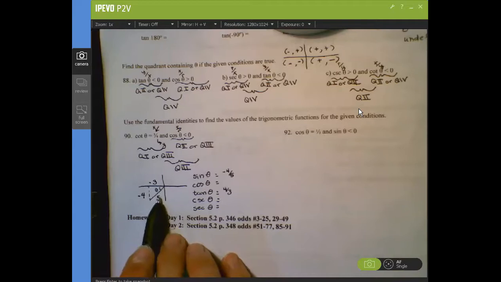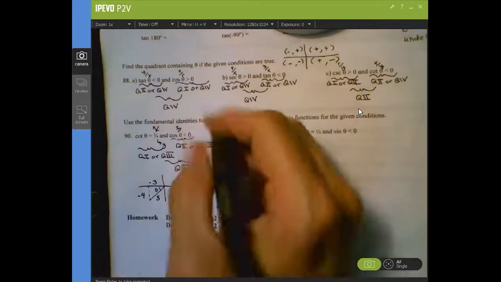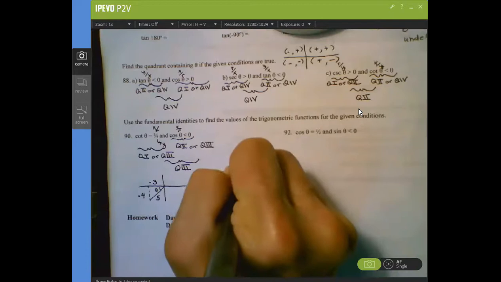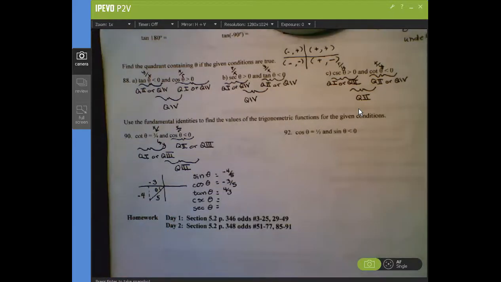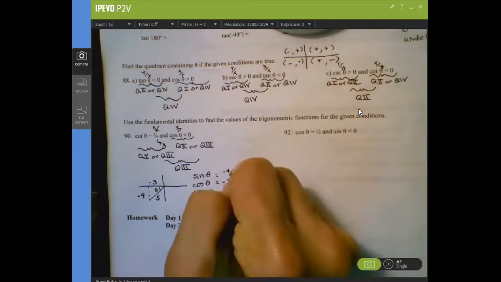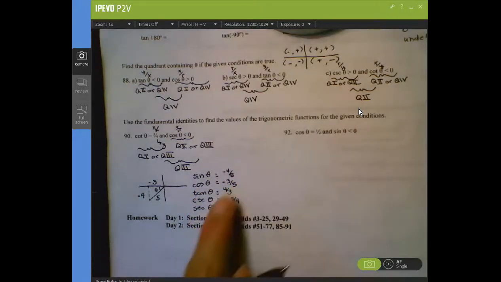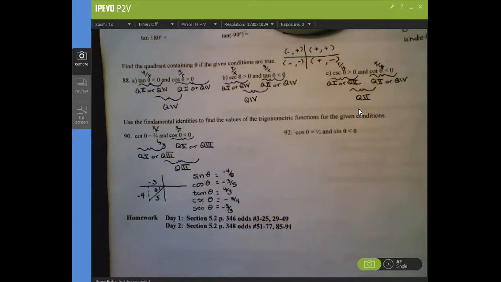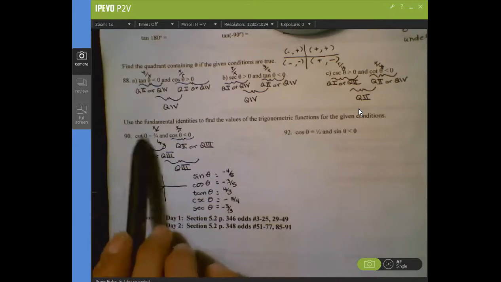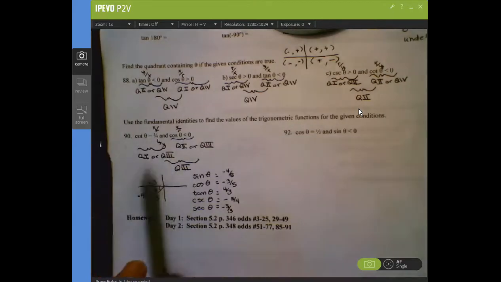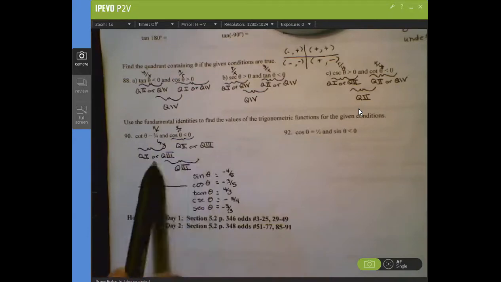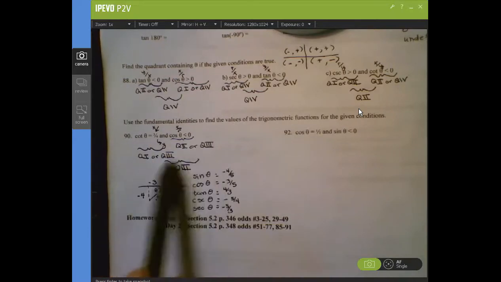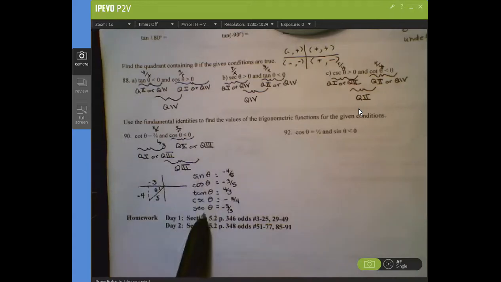And cosine theta is adjacent over hypotenuse, -3/5. Cosecant is the reciprocal of sine, and secant is the reciprocal of cosine. So if you give me one trigonometric value of an angle theta, and I can figure out what quadrant theta is in, then I can find the other 5 trigonometric functions of theta.